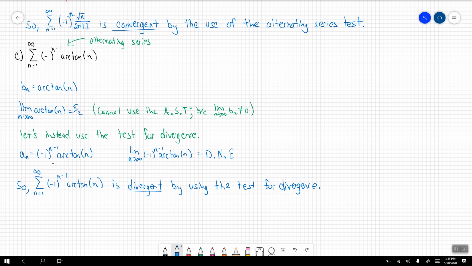Using that overall function, we find the limit: if n gets very large, it's either going to be pi halves or negative pi halves depending on the sign, which means it never actually gets to a certain limit. So this limit does not exist, and because of that, my series is divergent by the divergence test.